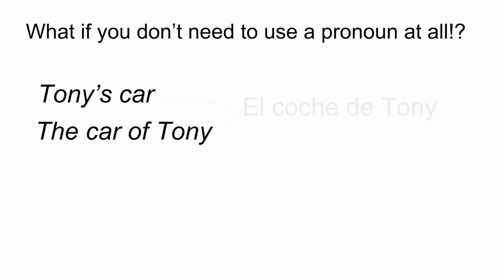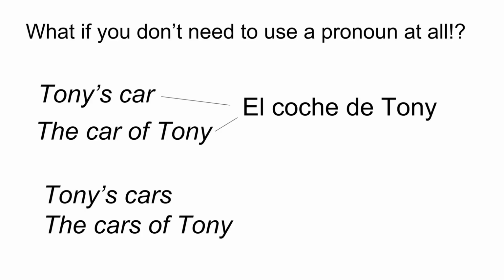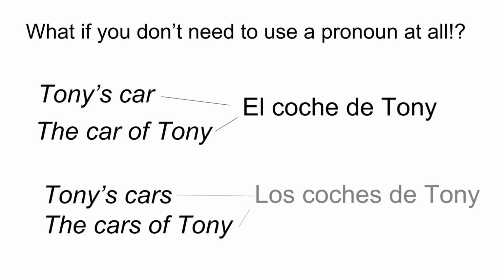Use an of phrase. El coche de Tony. You could say Antonio if you wanted to. El coche de Antonio. Tony's cars. Reword that to say the cars of Tony. Los coches de Tony. Okay, you're just rewording.